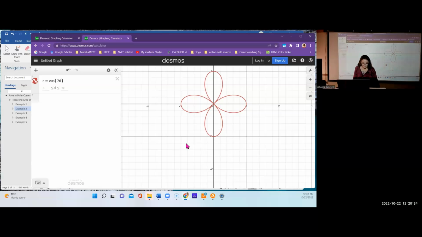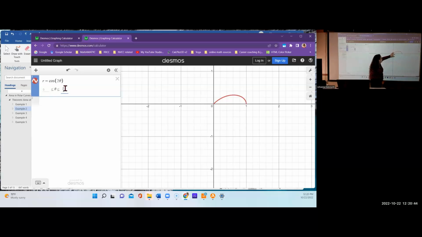So now I'm going to come up here and I'm going to let that stay 0, but I'm going to make this upper end be pi over 4. And you can tell that it instantly graphs exactly what I think I've got right there. Now, could I also graph the whole petal? Yes, but then I would need to find this angle here.